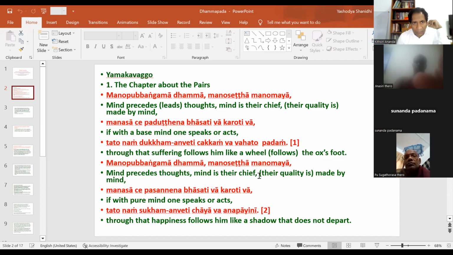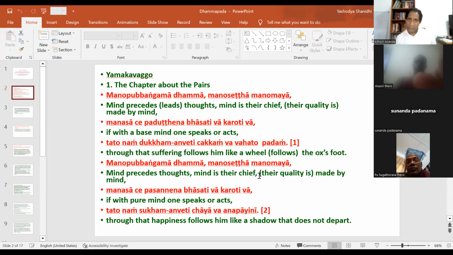Manasa ce paduṭṭhena bhasati va karoti va. If somebody does something with an evil mind, if with a base mind one speaks or acts, you know, base mind means the natural mind, the general type of mind, the way that you think. If somebody acts or speaks with an evil mind, impure mind, manasa ce paduṭṭhena.